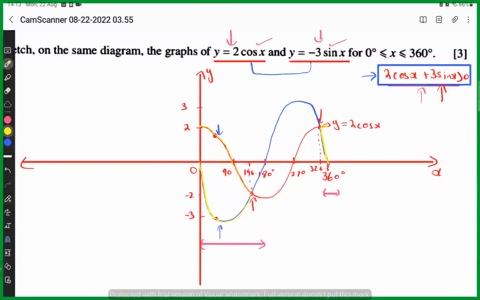Where exactly we went wrong in the beginning was that both these graphs are basically for y equals 2 cos x, that is fine, and y equals minus 3 sin x. These two graphs are for 2 cos x and minus 3 sin x, but the two things I'm adding over here are basically 2 cos x and 3 sin x.